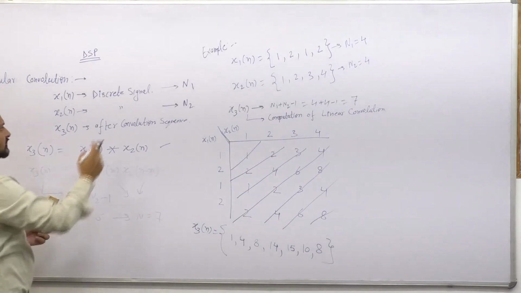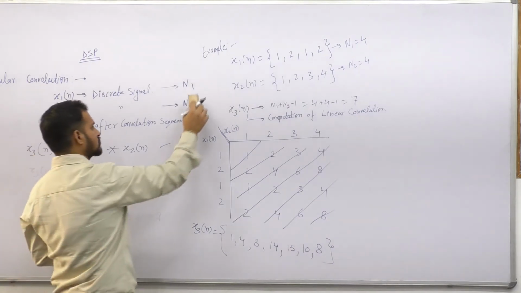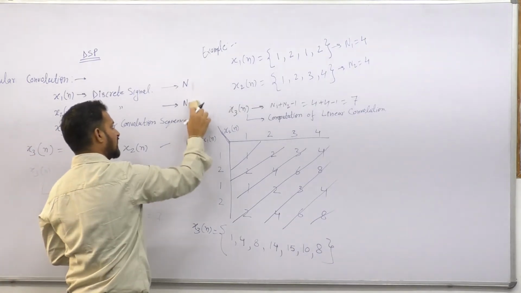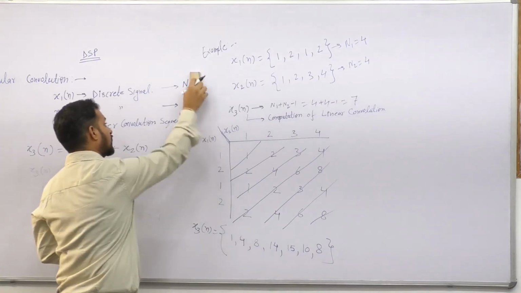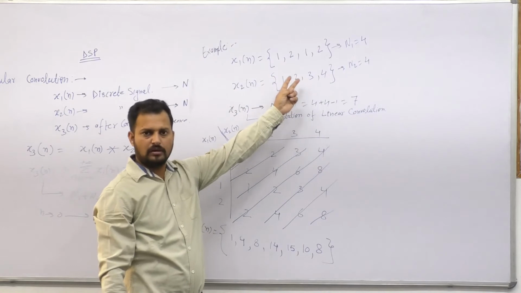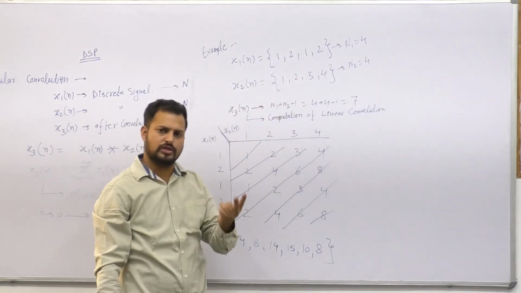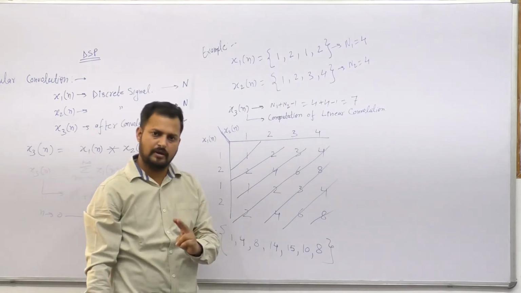So x1 and x2 of n having length n, but this time it is not required to be n1 and n2. It has to be n, right? Equal. Luckily we have taken the example of equal length, but here we count as n1 and n2, two sequences having different or same length.